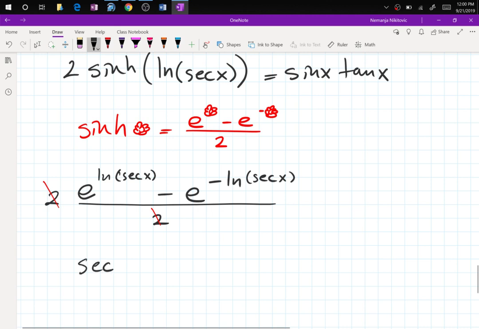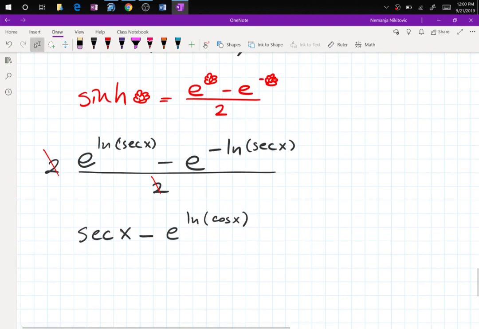I get secant x minus e to the ln, and then this one, secant x gets to negative 1. 1 over secant x is cosine x. So this becomes secant x minus cosine x.